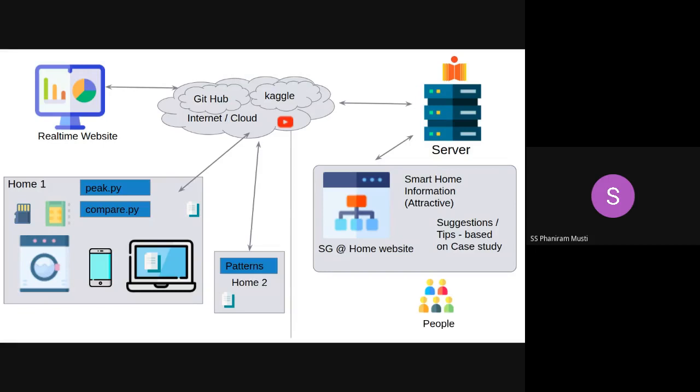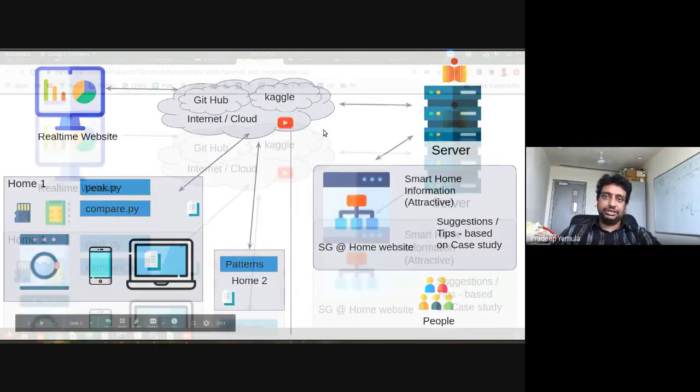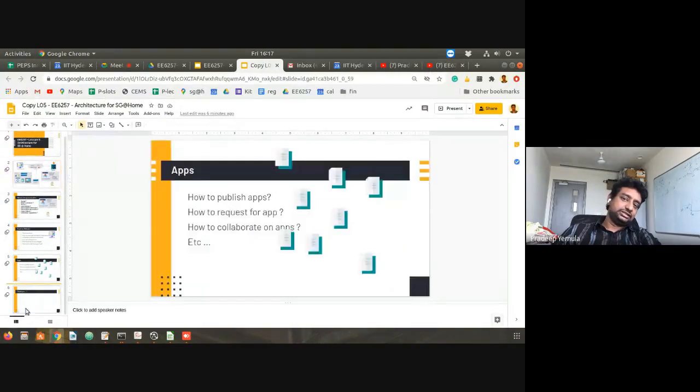We can also have an option to check each appliance's data. Okay, let me make a note of it. What you are saying is, I'll just introduce a new slide.